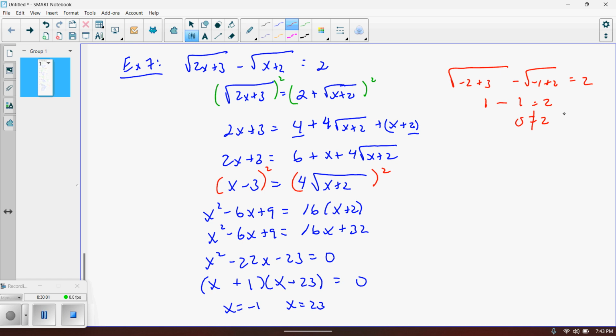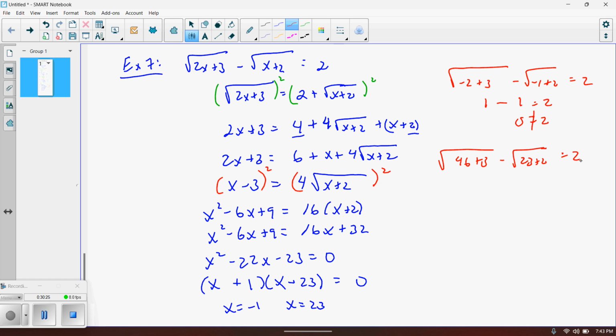So let's try 23. Numbers will be a little bigger here, but we can manage. Multiplying 2 times 23 is 46, plus 3, minus the square root of 23 plus 2, equals 2. So 46 plus 3 is 49.